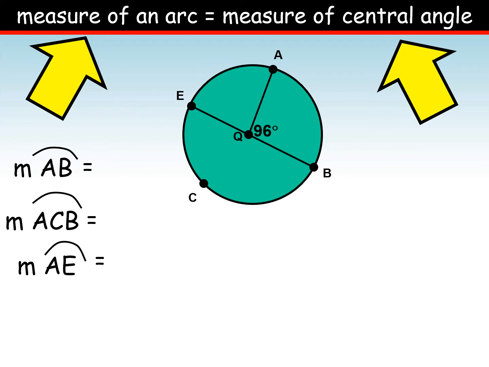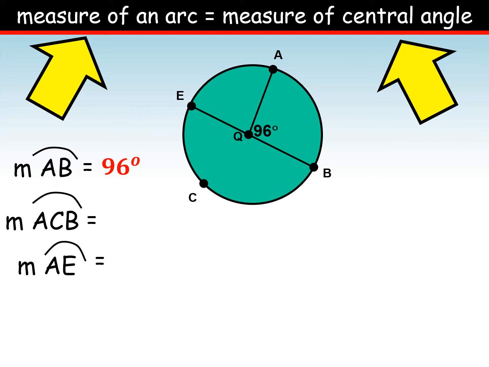So measure of an arc equals measure of central angle. So given the central angle, you can determine the measure of a certain arc. So using the diagram, measure arc AB is equal to 96 degrees because its central angle measures 96 degrees.